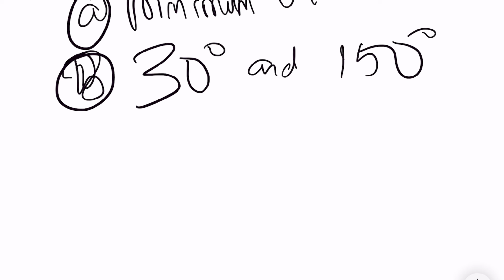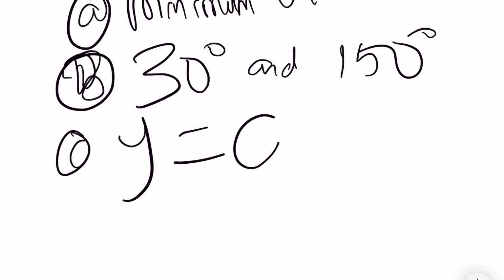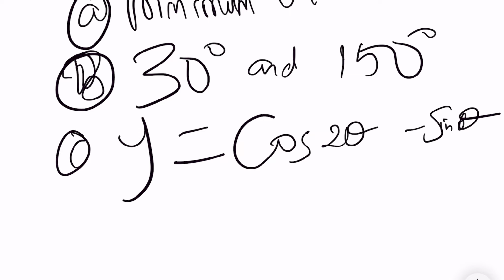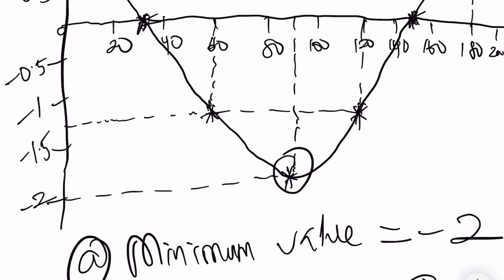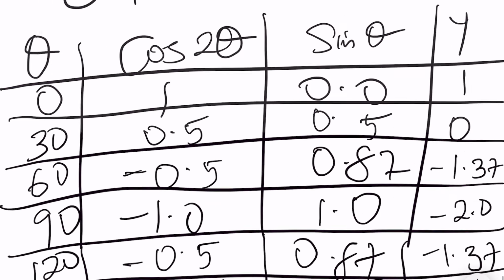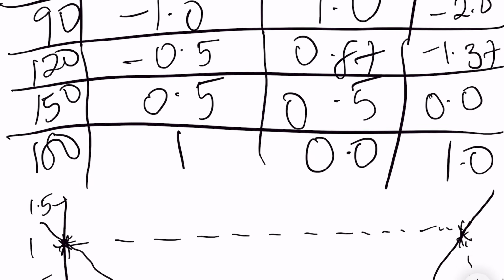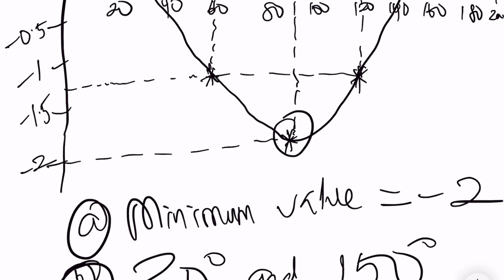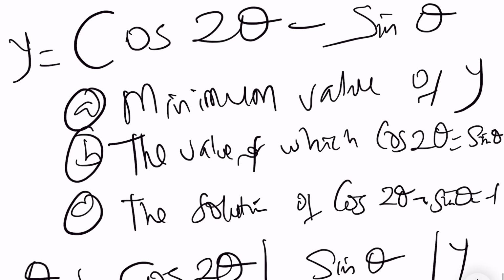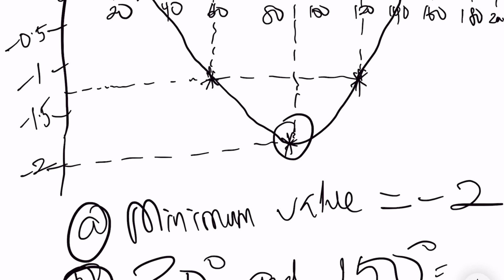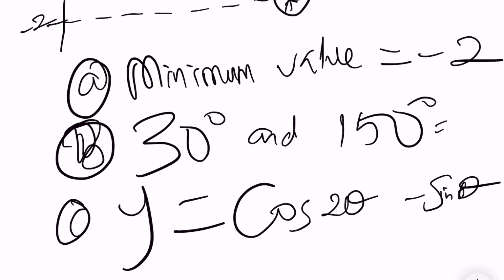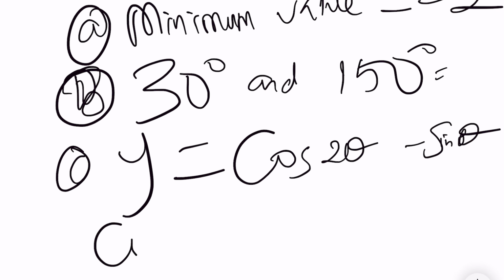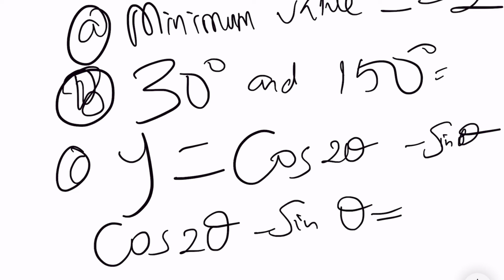Now for the solution of y equals cos 2 theta minus sin theta, which is equal to minus 1. So we have our cos 2 theta minus sin theta, which is given as minus 1.